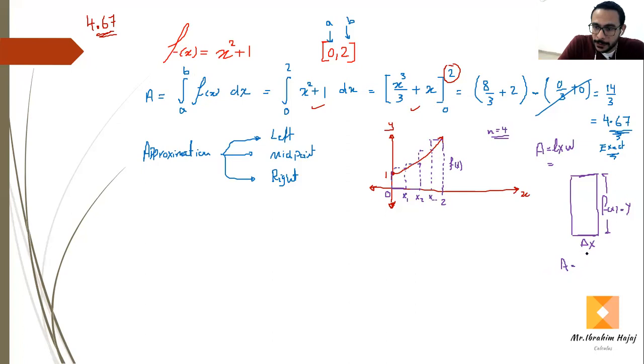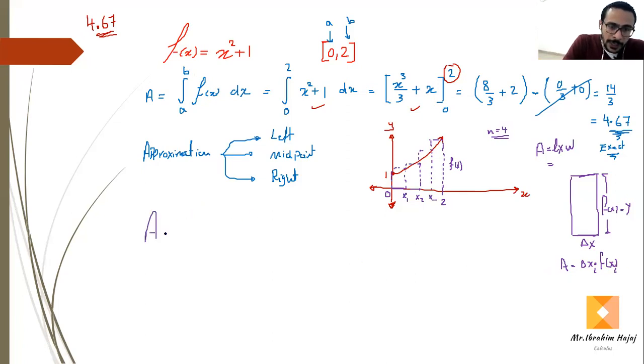Yes. You will multiply delta x, the width, times the length, which is f of x. This is for only one rectangle. Okay, but I have I rectangles, so we can write f of x subscript I, and delta x subscript I. This means that we have a lot of rectangles, and then we find the sum of them.